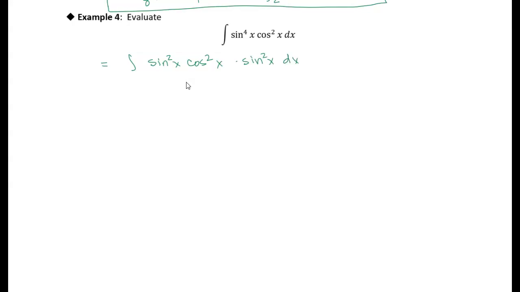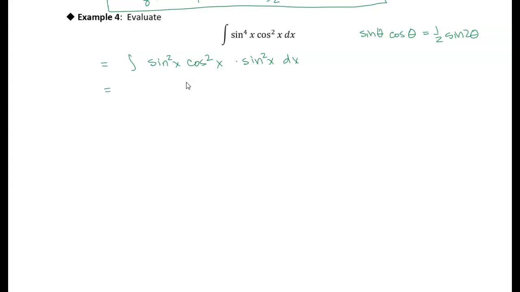The reason I'm doing that is because I have the identity that sine theta cosine theta equals 1/2 sine of 2 theta. So I can take a sine times a cosine and reduce it down to just a sine, okay?